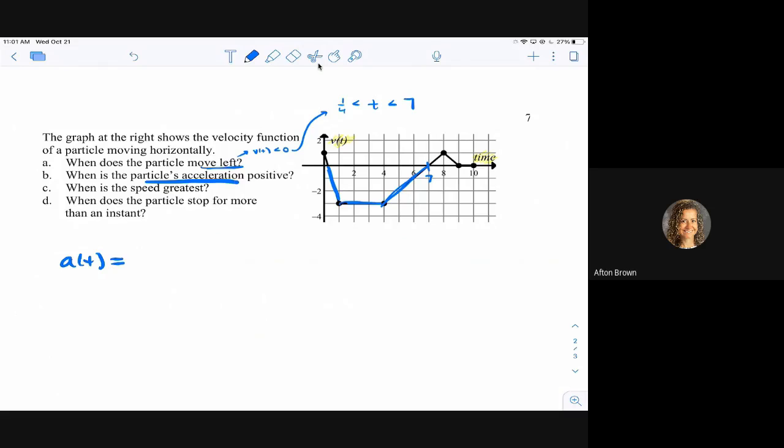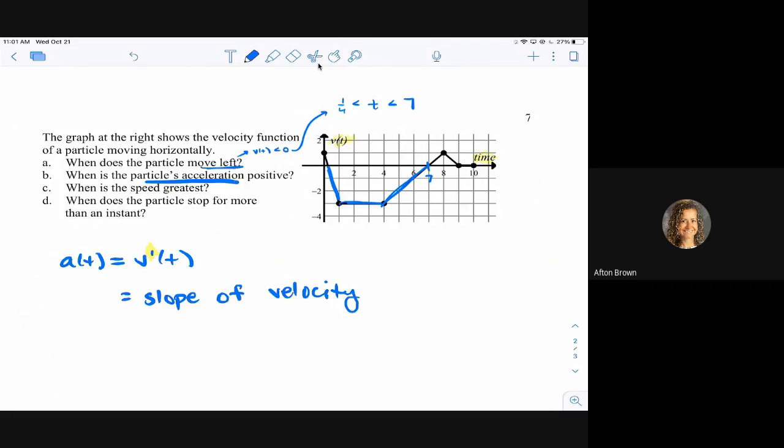If you had an equation, how would you find acceleration? Very good. Acceleration is defined as the derivative of velocity. But we're looking at a graph, so what is a derivative? What's a derivative mean? It's the other word we use a lot. Slope. So it's really the slope of velocity. Okay, so if you're looking at a graph, acceleration would be the slope of velocity.